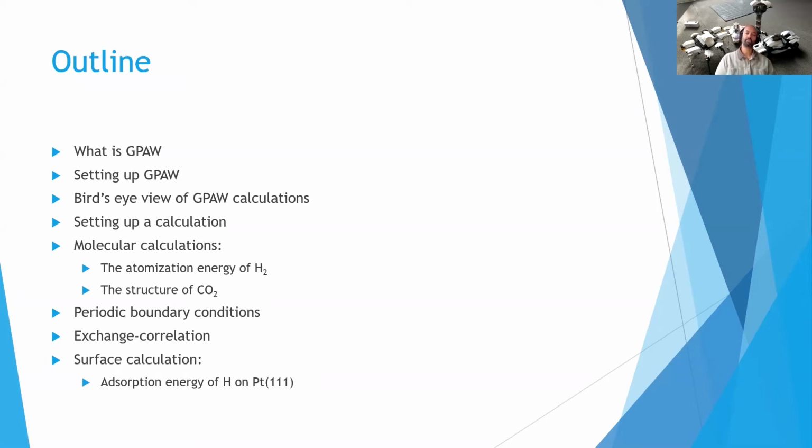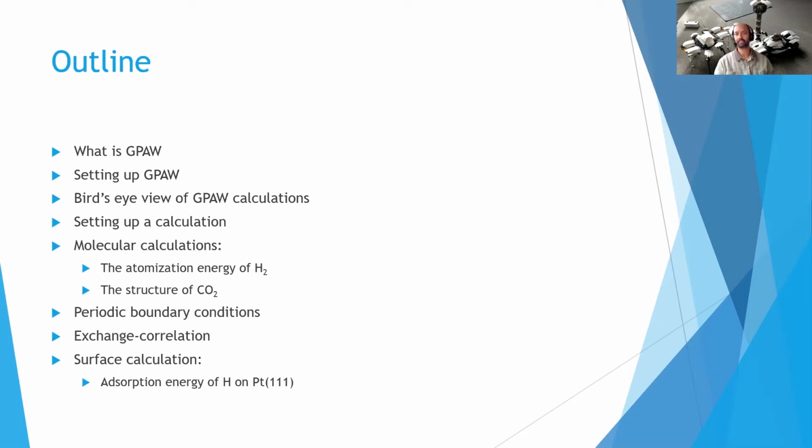And then we will do a surface calculation, the adsorption energy of H on platinum. It's going to be a very simple, rough calculation. It's not going to be delivering accurate results, because to do accurate surface calculations for metals in particular, in GPAW, one needs certain parameters to have the systems be a bit larger.